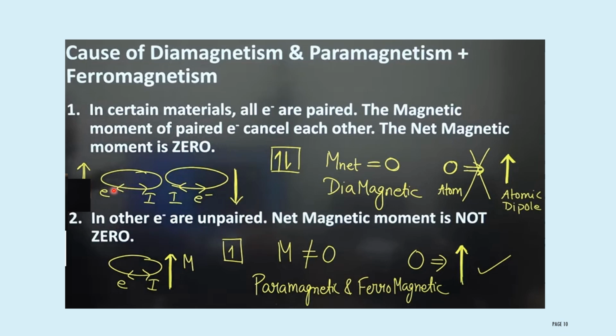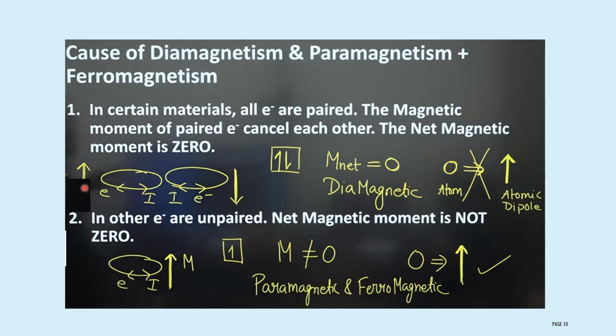Here consider this is one electron, this is the second electron. For the first electron, consider this is the direction of motion of the electron. Then the current loop will be generated opposite to the direction of motion of the electron. Therefore, this is the direction of the current loop.